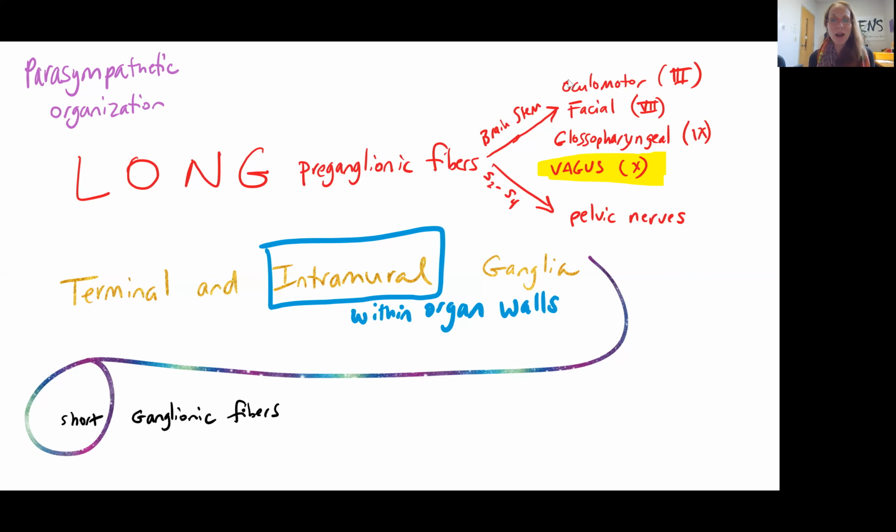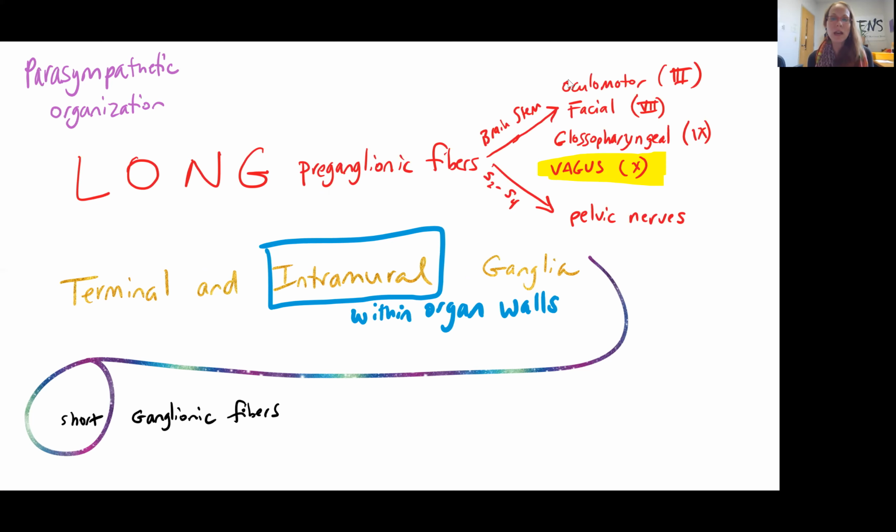Now notice that I have highlighted the vagus nerve 10 because 75% of the parasympathetic outflow, meaning information leaving the brainstem, going out to the effector tissue, is traveling on the vagus. So it is the super duper important nerve in the parasympathetic division.